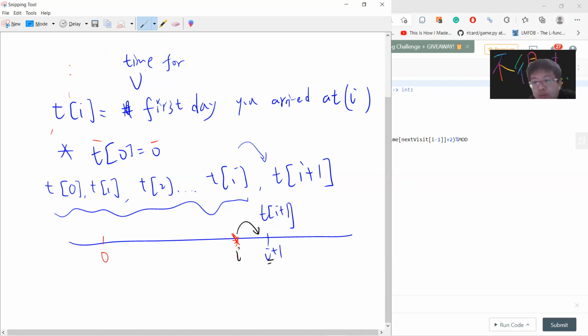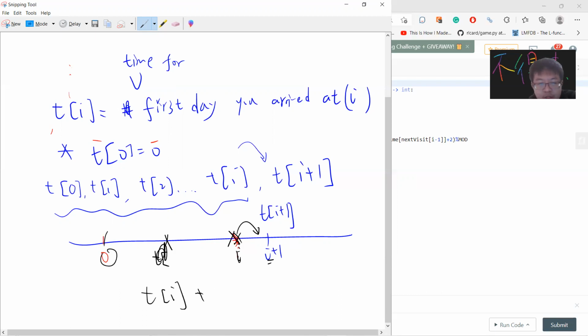By definition, you must arrive at this point twice, because only on an even visit can you go to the next room. So this is the second time you arrive here. What is the previous time? It is the odd time. So you start from 0 and spend T of i to arrive at i.